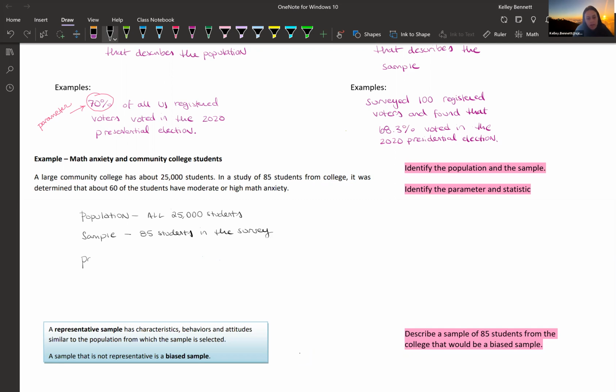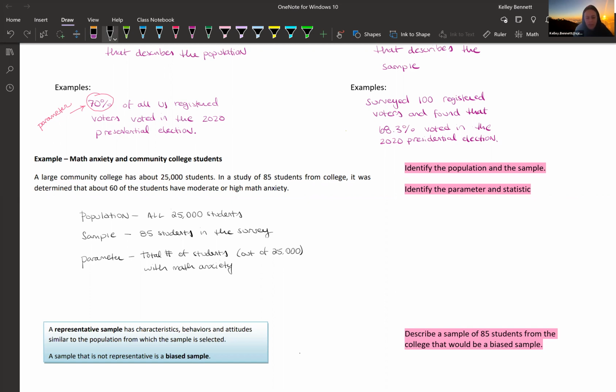So my parameter would be the total number of people, right, out of the 25,000 with math anxiety. Well, I didn't ask those 25,000 people, but that is the thing that I'm after. I'd like to say, maybe 10,000 people, or maybe a proportion, maybe a percentage, right?